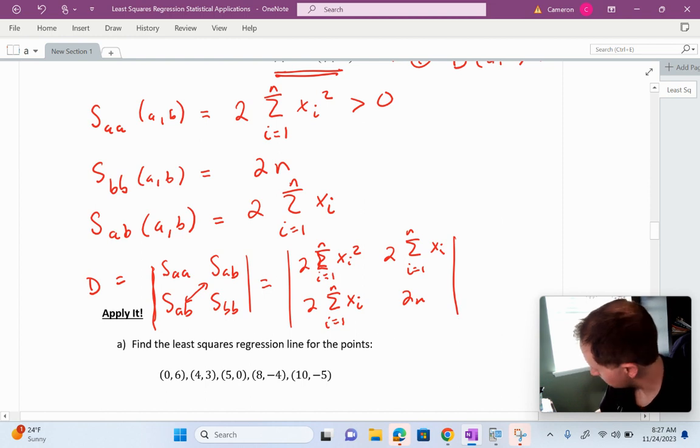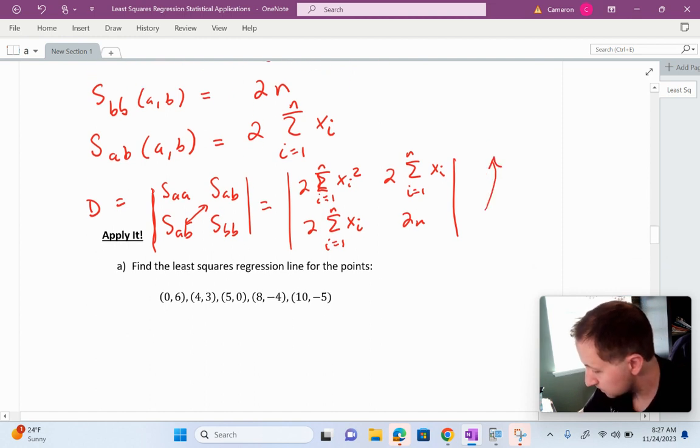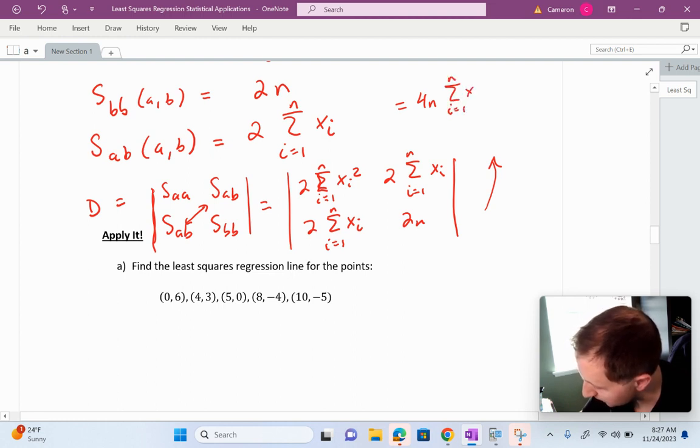And so now, here's the punchline. If I compute this, I end up getting 4n times the sum i equals 1 to n of x sub i squared minus 4 times the sum i equals 1 to n of xi, that whole quantity squared.